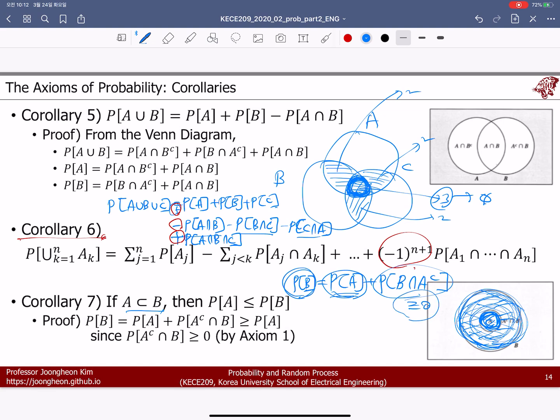That's why P of B is larger than or equal to P of A. This is by axiom 1, because every single event's probability should be larger than or equal to 0.